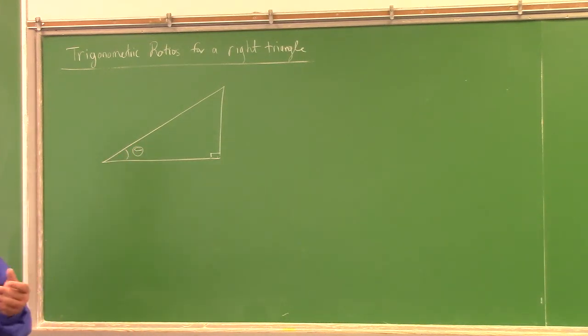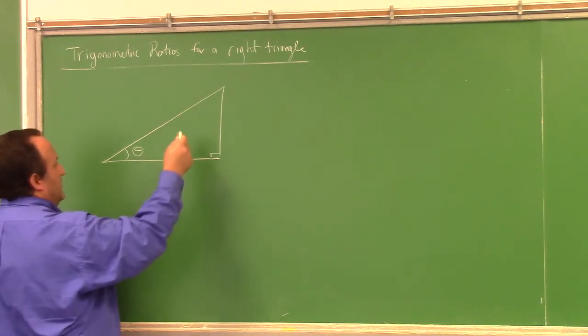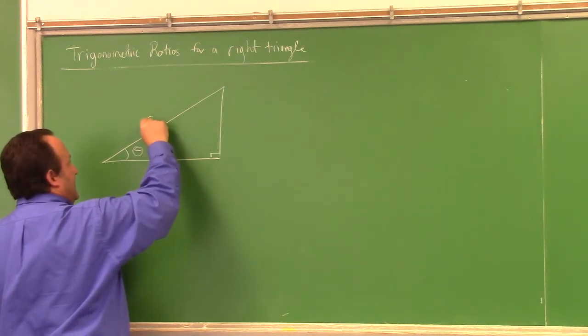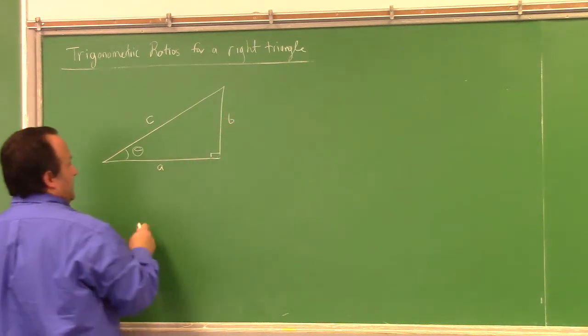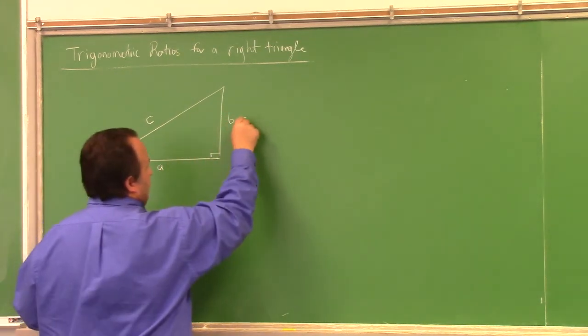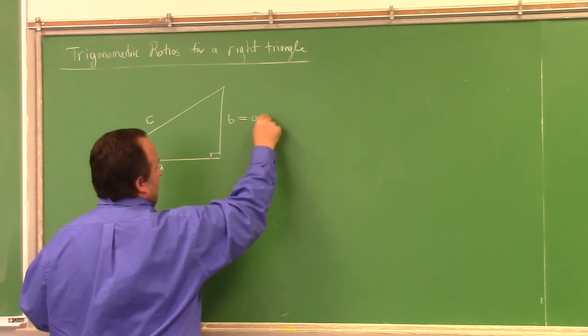Now, I don't mean to say it has to be the standard angle. It's just an angle inside a triangle, right? This triangle could be tilted or something just the same. And so then we'll talk about this being C, this being A, this being B. But alternatively, you could use the labels, as I told you last time, opposite.